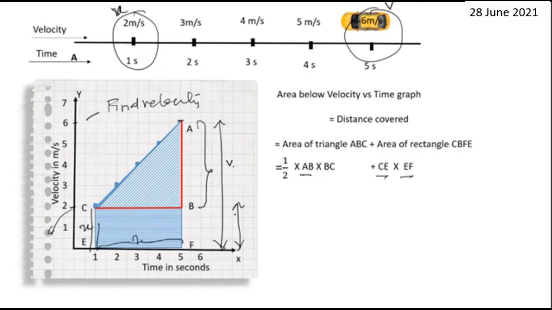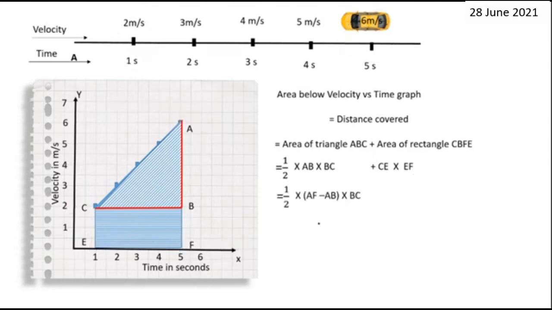So I will express AB in a different way, AF minus BF, sorry, it's not AB, it is AF minus BF.